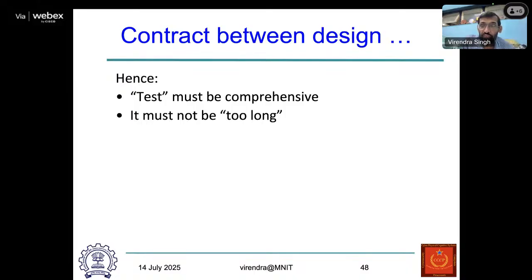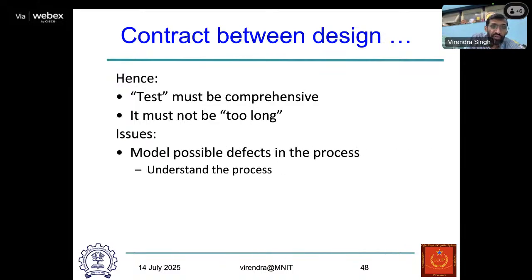Your device has to be tested within a few seconds to a few minutes, forget about hours. So the kind of test vector set that you use to test should not be too long, should be applicable within a few seconds to a few minutes. That's the kind of thing that I need.